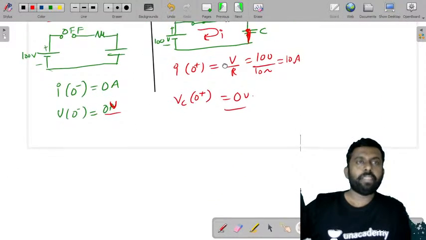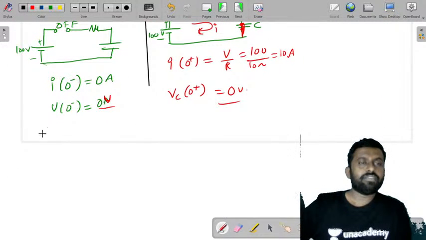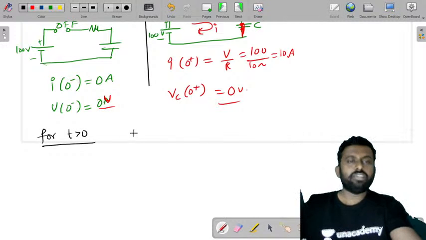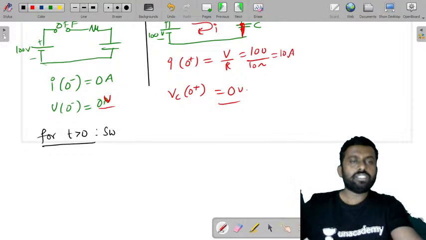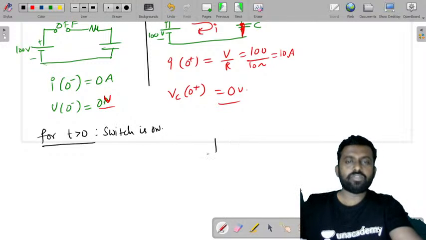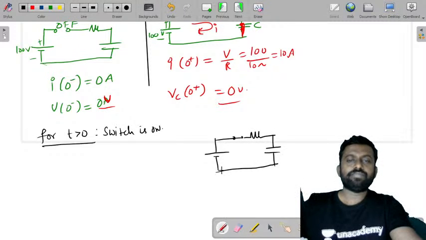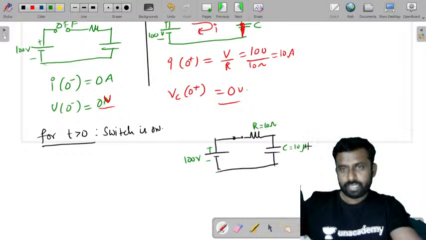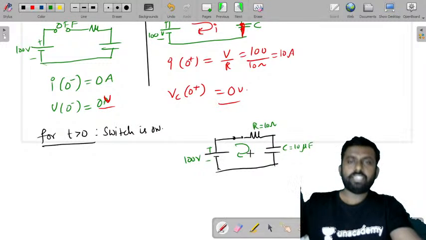Now let's say for t greater than 0, just draw the circuit. Here the switch is on and some time has elapsed. Let's draw that. The switch is on, and here you have a resistor and a capacitor: 100 volts, a resistance of 10 ohms, and a capacitor of 10 microfarad, and there is a flow of current.